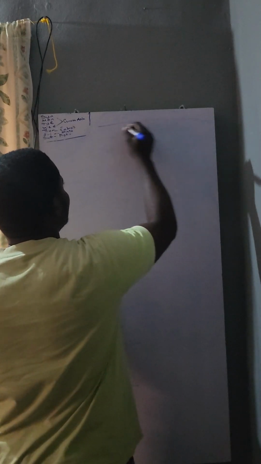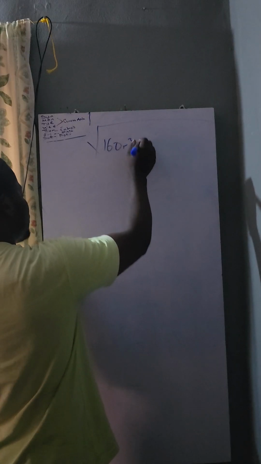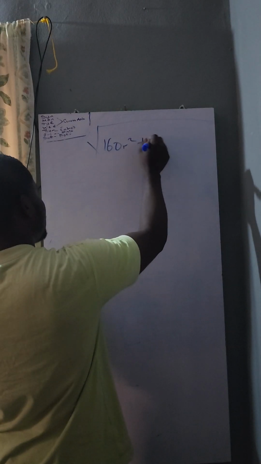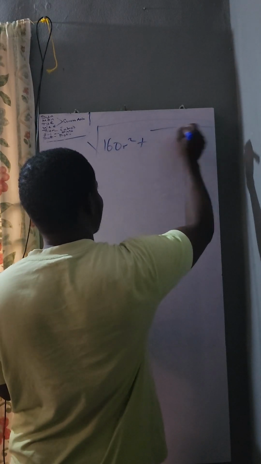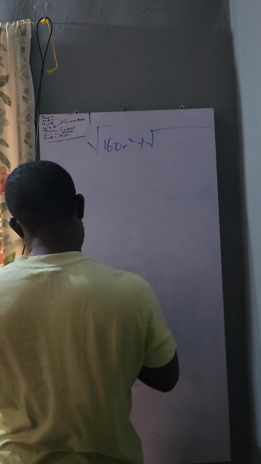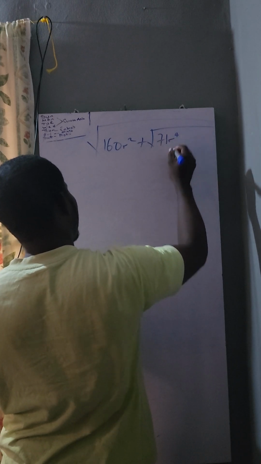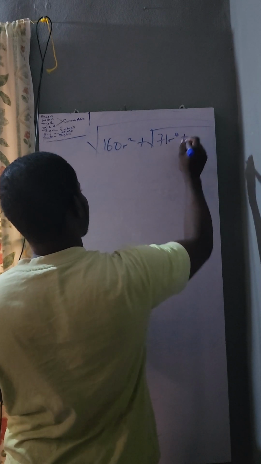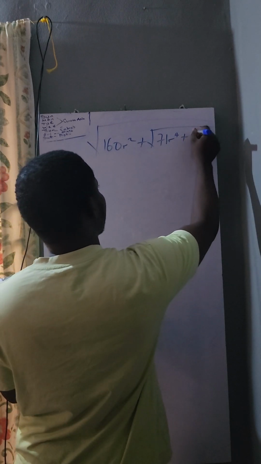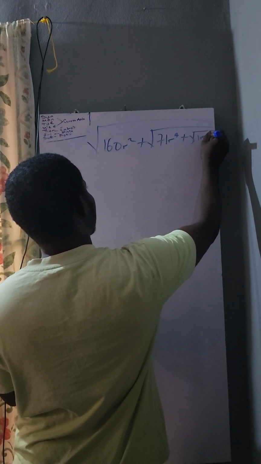Look at this. I'm having the square root of 160r squared, plus another square root, the square root of 71r raised to power 4, plus the square root of 100 raised to power 8.